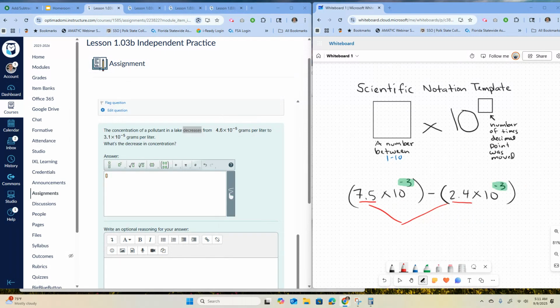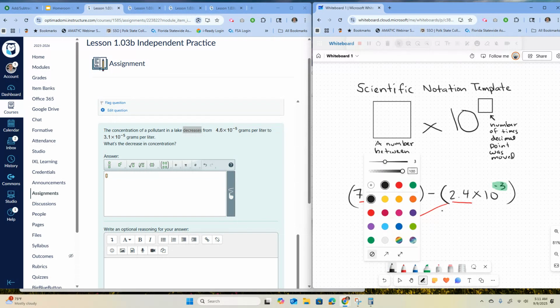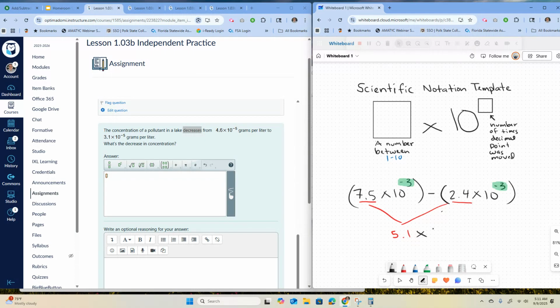So I'm going to put my answer here, 5.1. And once you subtract the coefficients, the only thing you have to do next is keep the power of 10. So you're going to keep times 10, and then you're going to write the exponent negative 3 because it's the same one. And that's how you do problem number two.